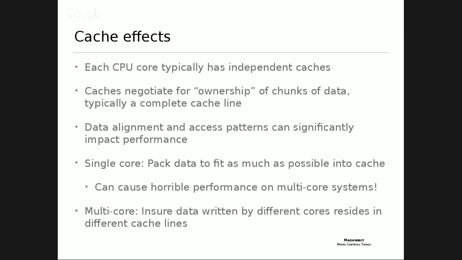It's current. I'm reading it. I haven't done anything to it. When you start writing to it, you have an issue: I've changed this data. The cache has to essentially take ownership of that cache line. Typically, it's an entire cache line. It's not a single byte. It's not a single dword. It's a cache line, 64 or 128 bytes typically, depending on your architecture.